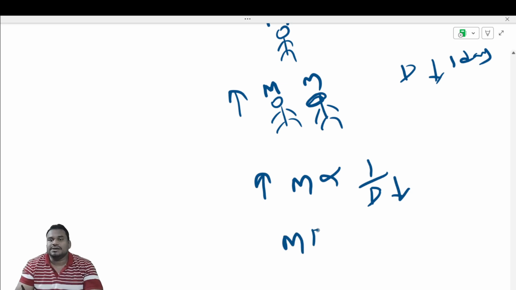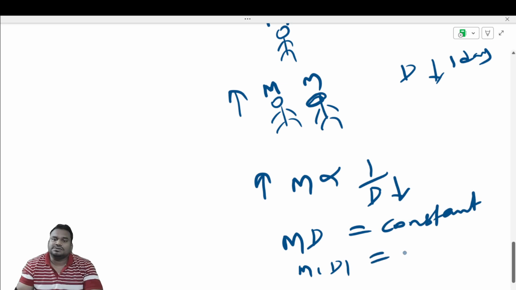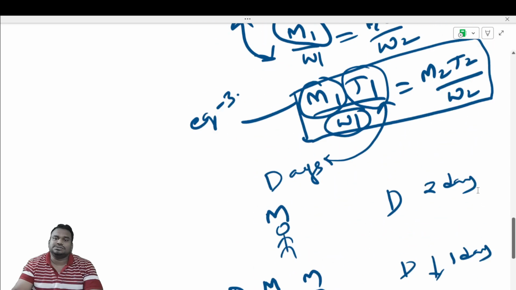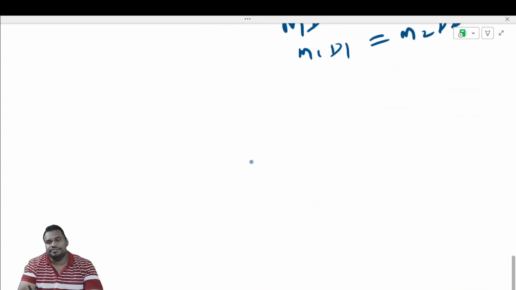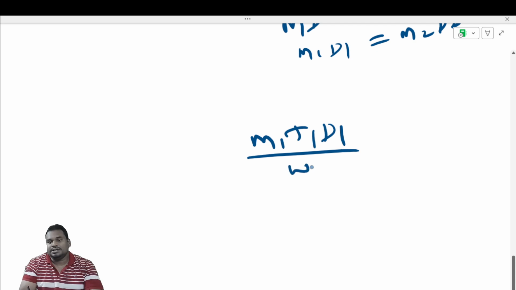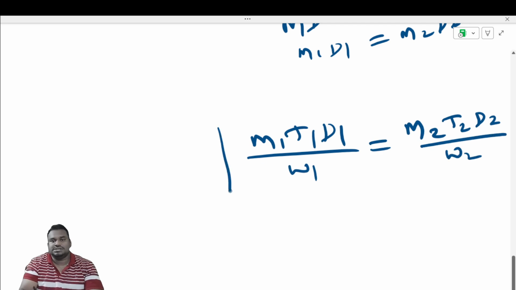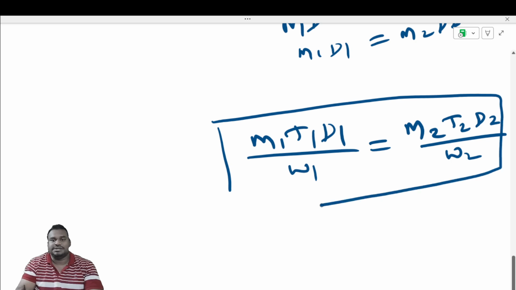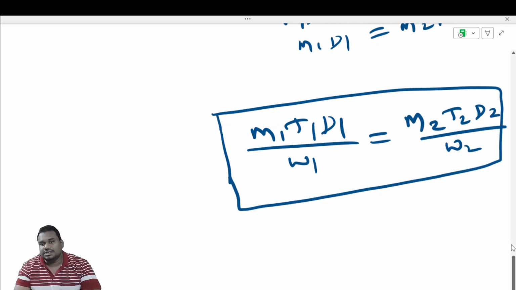So you can say M into D is equal to constant. So M1 D1 is equal to M2 D2. So I'll introduce D in equation 3, then it will become M1 T1 D1 by W1 is equal to M2 T2 D2 by W2. This is the chain formula which you can use to solve some types of models in time and work.